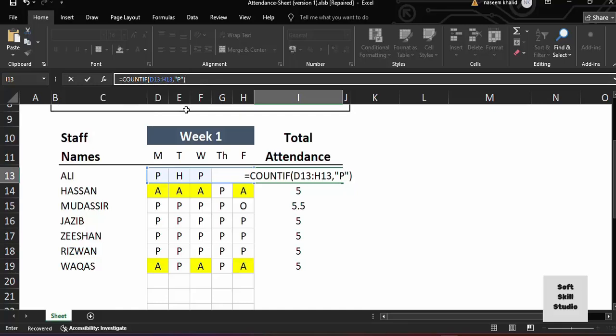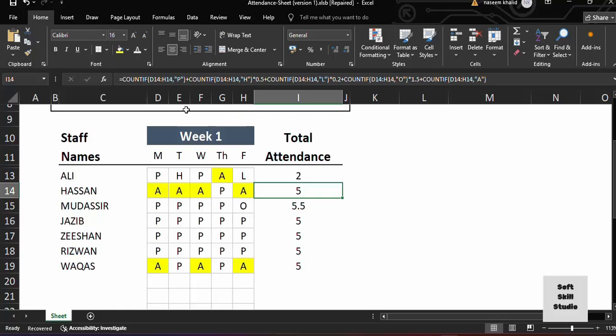The formula is given, so here it will calculate the number of presents. Have you seen, there are only 2 presents of this staff name, so here it's written 2.